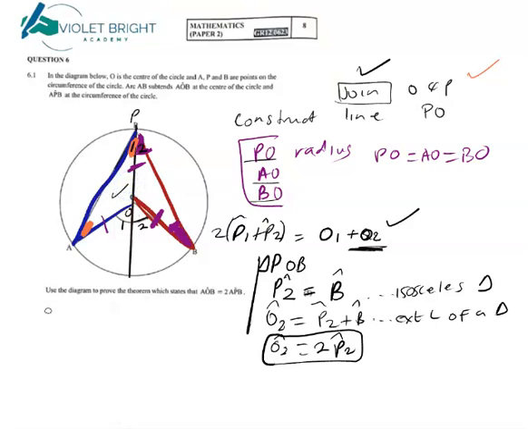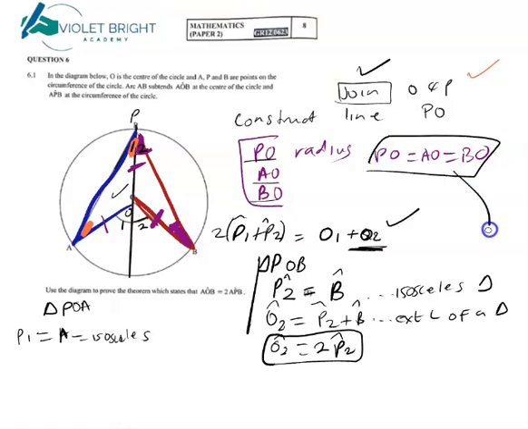So in triangle POA, we know that P1 and A are equal, because it's an isosceles triangle, with angles opposite the radii. We note down the radii, which are OP and BO.